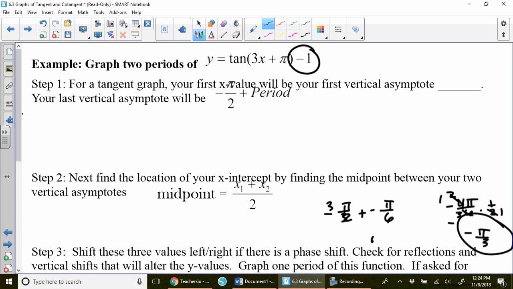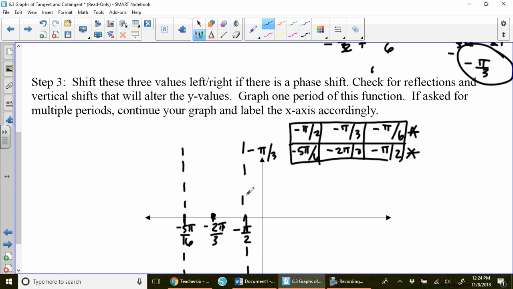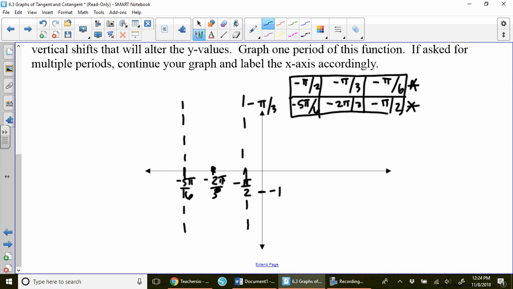So all that means is that instead of our function going through the x-axis at negative 2 pi over 3, it's actually going to be down here at negative 1 at 2 pi over 3. So it's getting moved down 1 unit. So other than that, our tangent function looks normal. So there is one period of your tangent function.